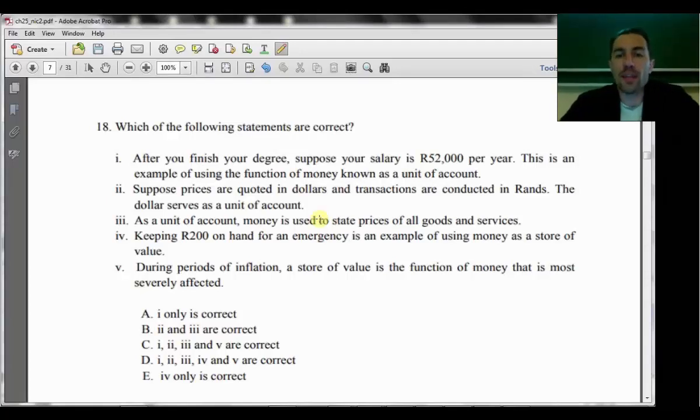So if I say that my salary is 52,000 per year, are you happy that that is a measure of the price of my labor? Okay? So if it's a measure of the price of my labor, is it functioning as a unit of account? Okay? Are you comfortable with that idea?